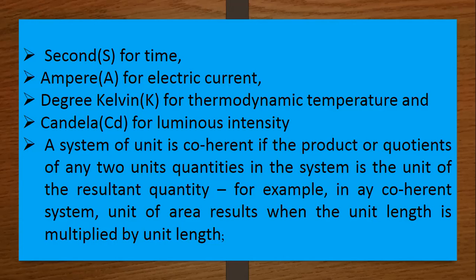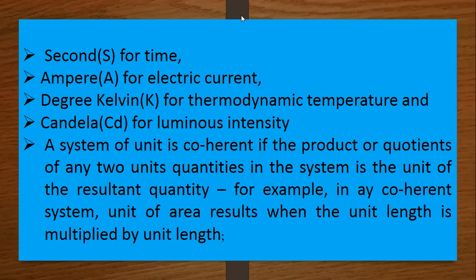A system of units is coherent if the product or quotient of any two unit quantities in the system is the unit of the resultant quantity.